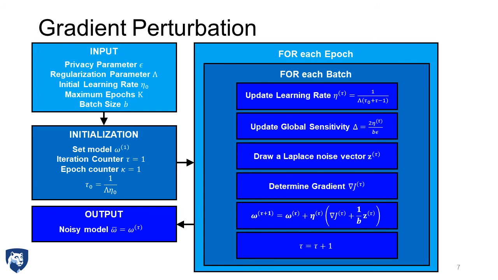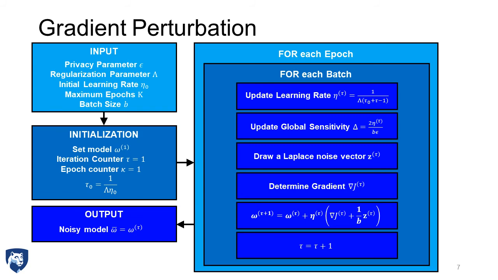A special parameter tau naught is also calculated, which is utilized in the automatic updates of the learning rate for fast convergence. The algorithm then proceeds to loop through the epochs and the batches of data. For each iteration of the method, the learning rate is first updated. Next, the global sensitivity is determined.